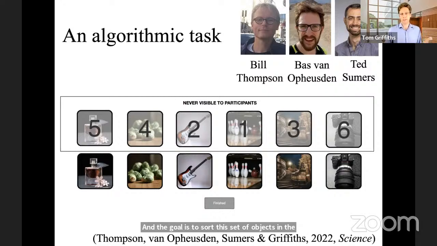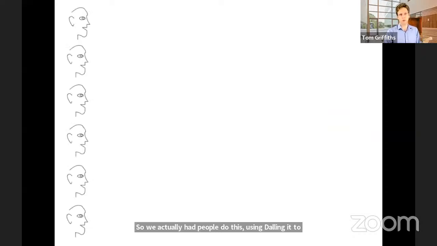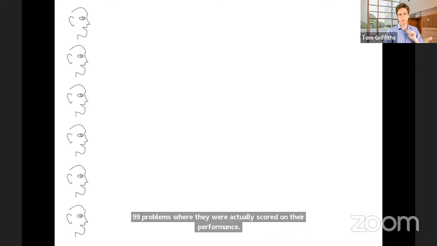So what we were interested in was giving people this problem, which requires explicitly algorithmic solutions. What happens when we put this in a cultural transmission context? We had people do this using Dallinger to recruit multiple generations of people. The first generation would see 3 practice problems, then 9 problems where they were actually scored on their performance, and the score decreases the more moves they make.